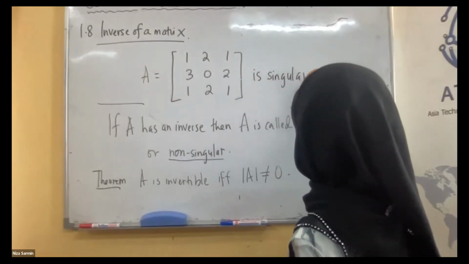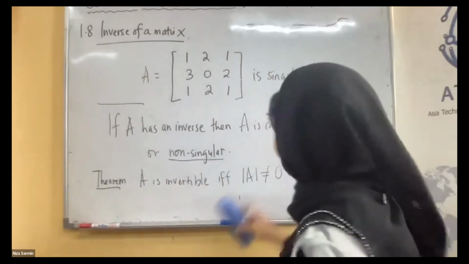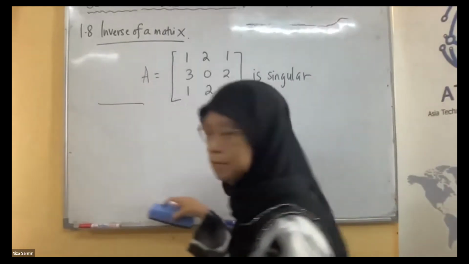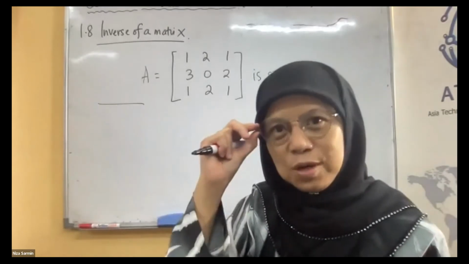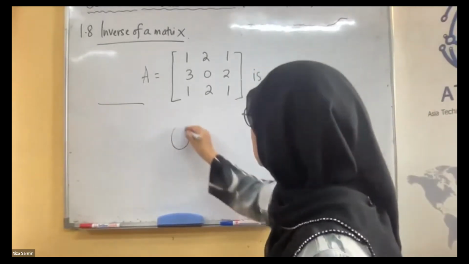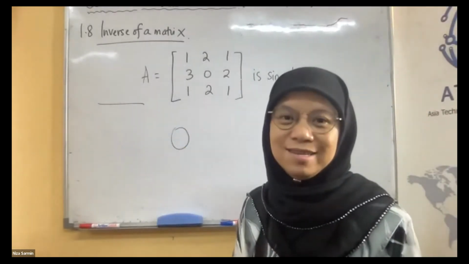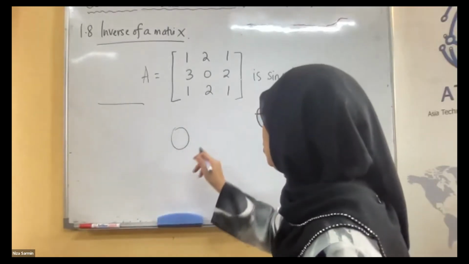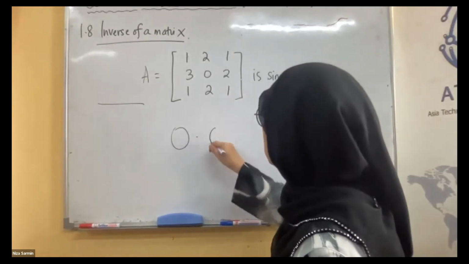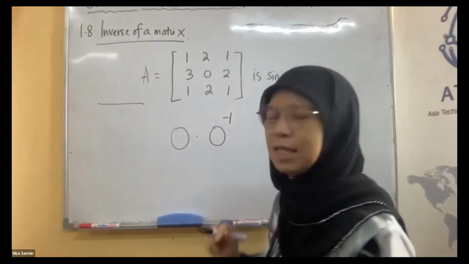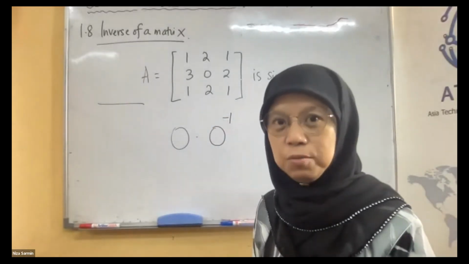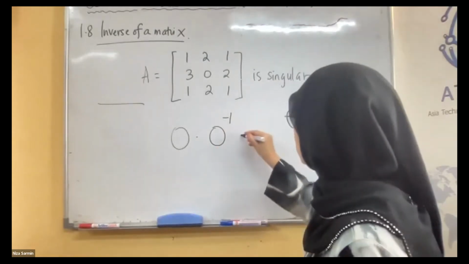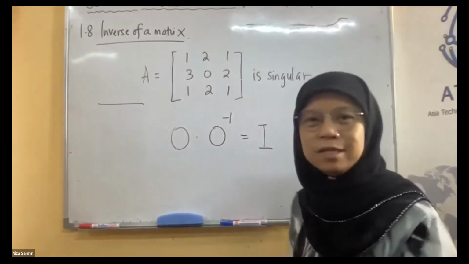Anyone else? Give me an example. Actually, the easiest one is the 0 matrix. The determinant is 0. There is no inverse, because if you said there is an inverse of the 0 matrix, can you find an inverse to get this to be the identity?